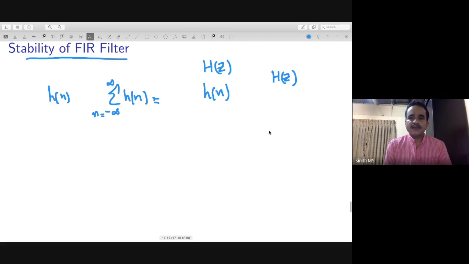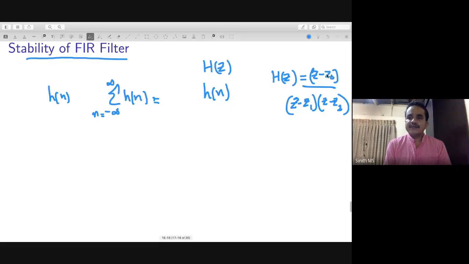You have to find whether there are poles. If H(z) is, say, (z minus z0) by (z minus z1)(z minus z2), where z0 is the zero and z1 and z2 are the poles.